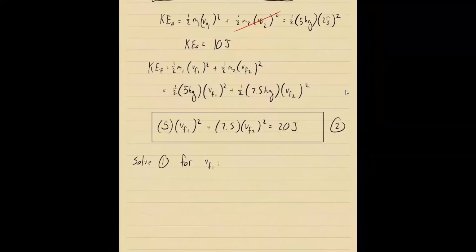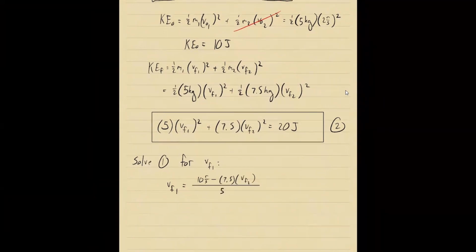So in this case, from 1, we see that the final velocity of our first ball is going to be equal to 10 meters per second minus 7.5 times the final velocity of our second ball, all divided by 5.